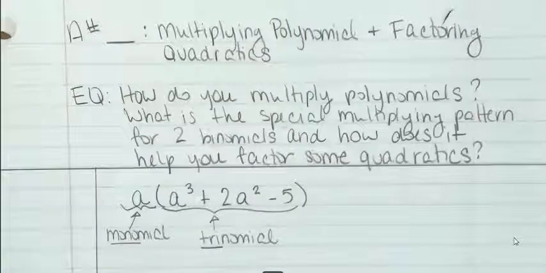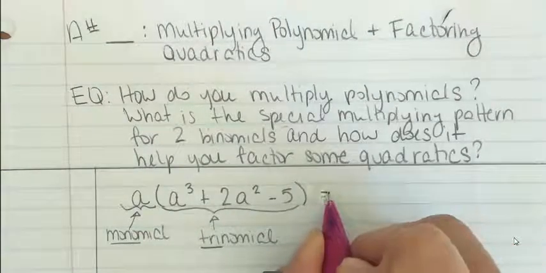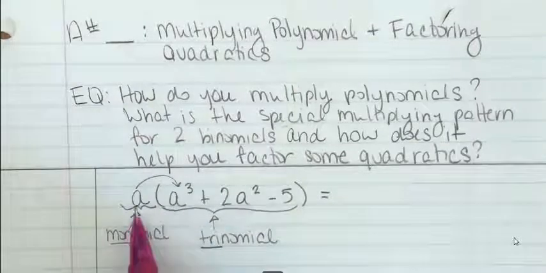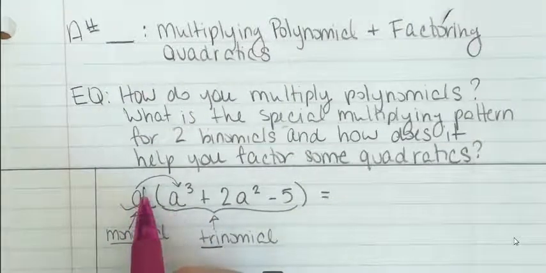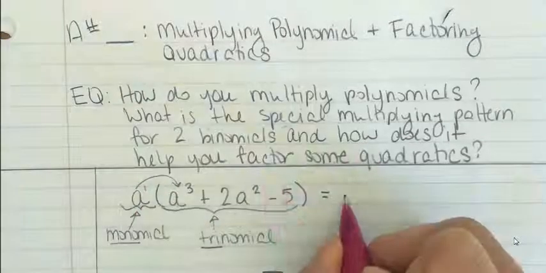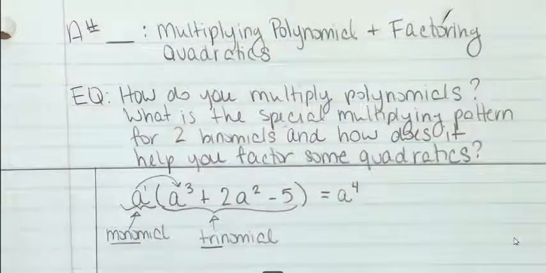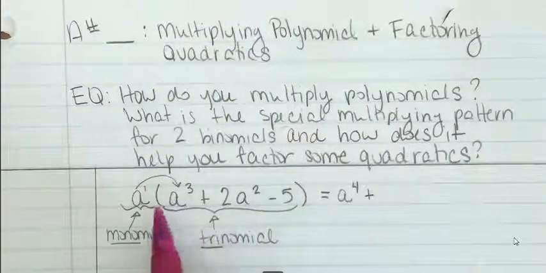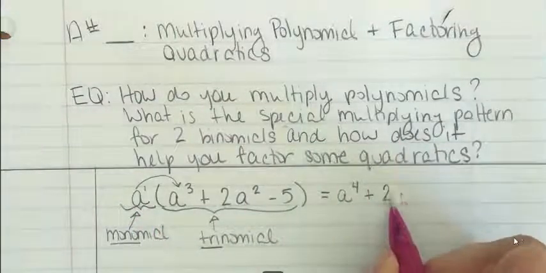You've been doing this for a very, very long time. You should be very familiar with this. So you're going to take the a and distribute it to the first term. Well, a times a cubed, when you multiply bases that are alike, you add the exponents. So this gives us a to the fourth. Multiplying 2a squared times a is going to give me 2a cubed.